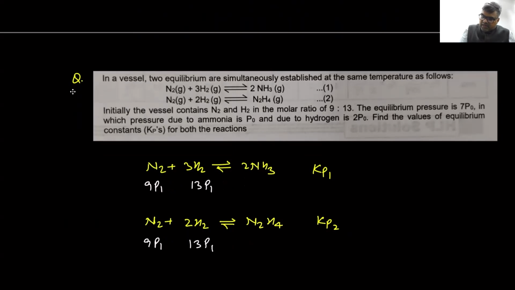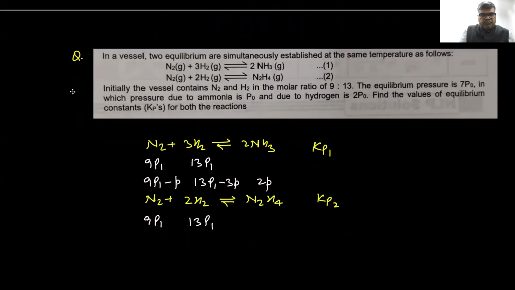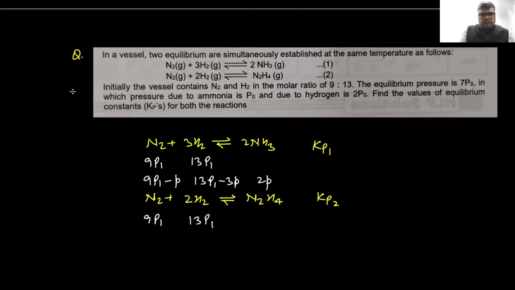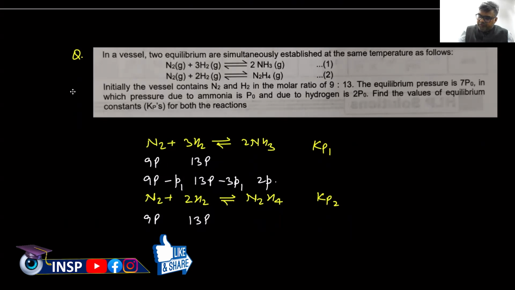For better understanding, I'll write P. So 9P and 13P are the initial pressures. After the first reaction, it's 9P minus P1, 13P minus 3P1 and 2P1.